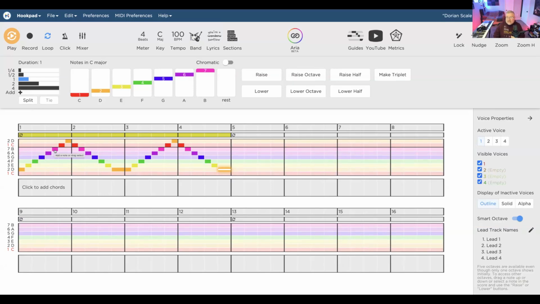So this is now we're in this key of C. Now we're in the Dorian mode. So listen to see if you hear any difference in the minor and Dorian.